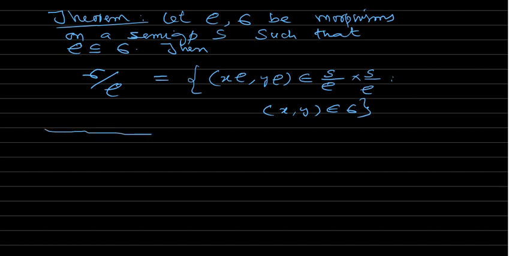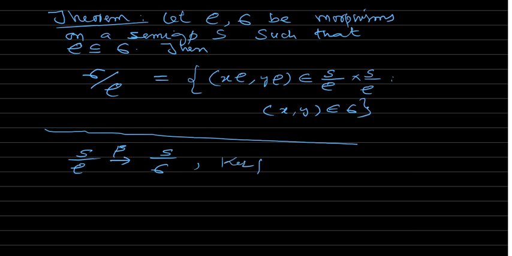It's actually explained here nicely. So actually we have a map from S over rho to S over sigma, which is a morphism, that's beta. And the kernel of this morphism, the kernel of beta, is a congruence on S over rho, and this kernel of beta is actually sigma over rho, that is rho over sigma.